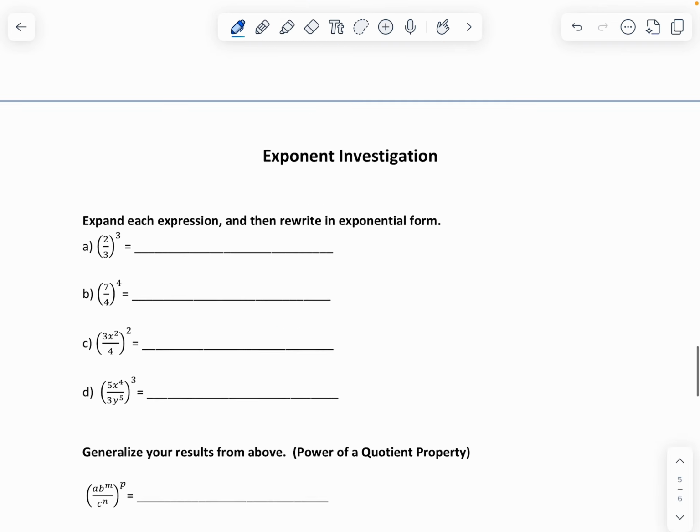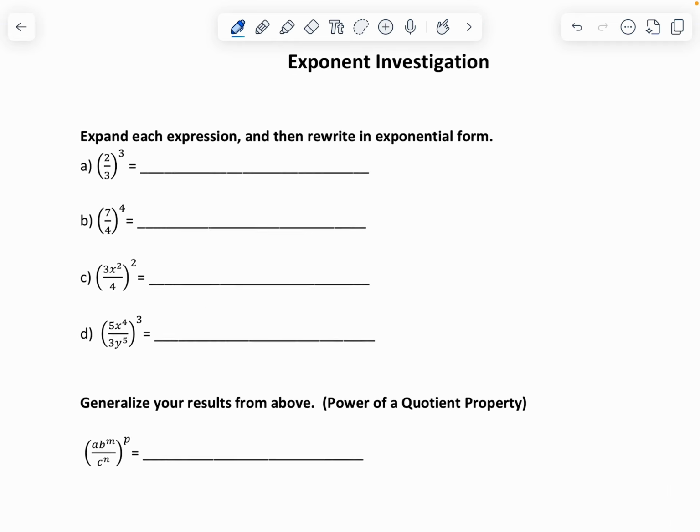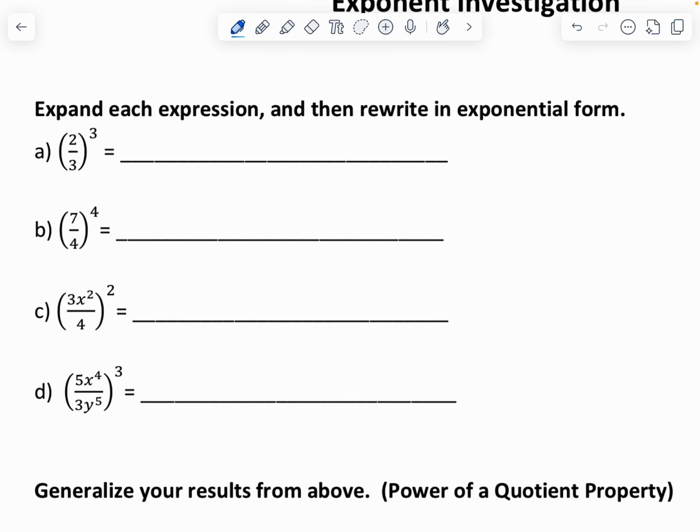Okay, one last section. Okay, so we're going to expand these. So we have 2 over 3 times 2 over 3 times 2 over 3. How many 2's do we have? We have 3. How many 3's do we have? 3.